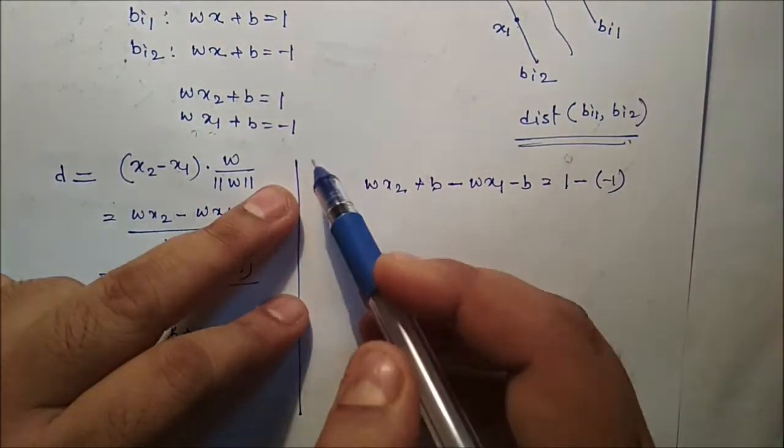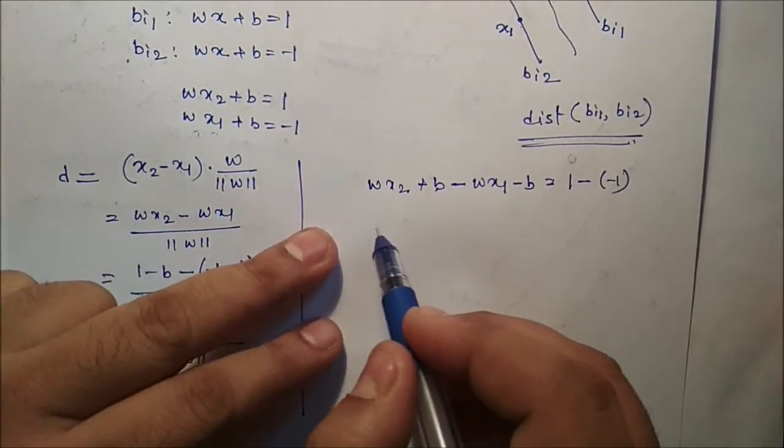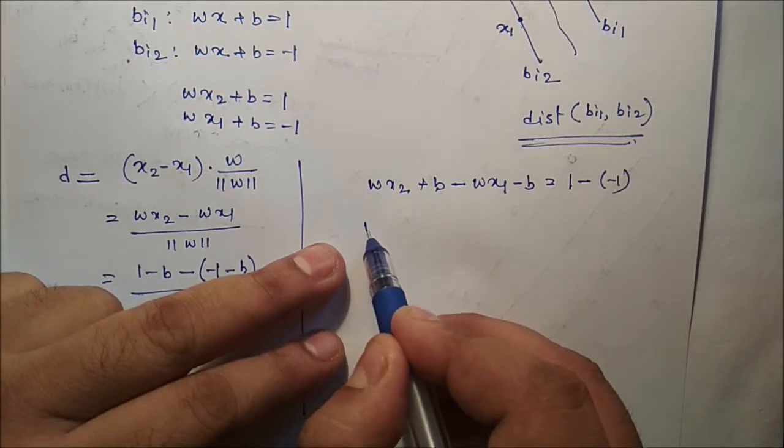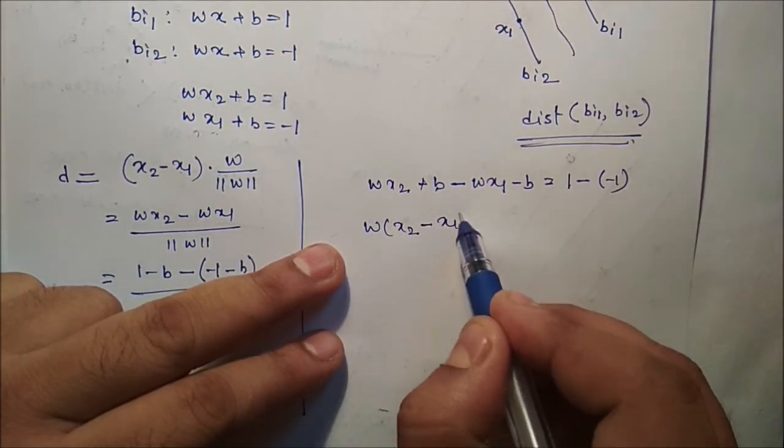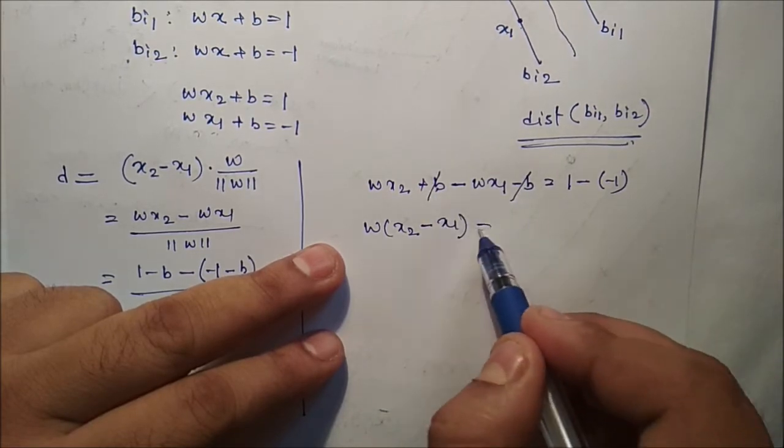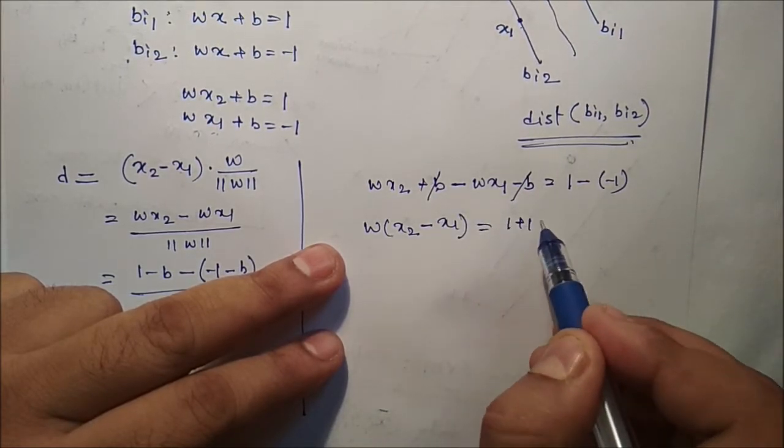So it's a subtraction of these equations. So we can write w(x2 minus x1), and if it crosses, then it is 1 plus 1, which is 2.